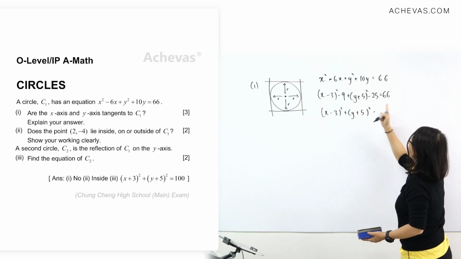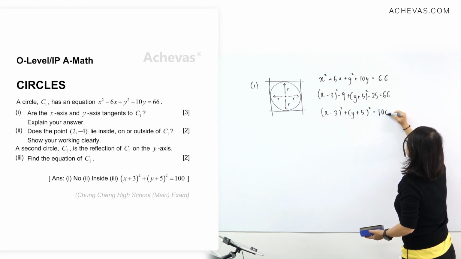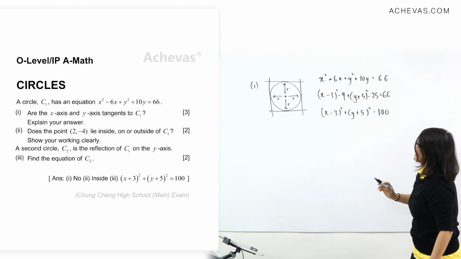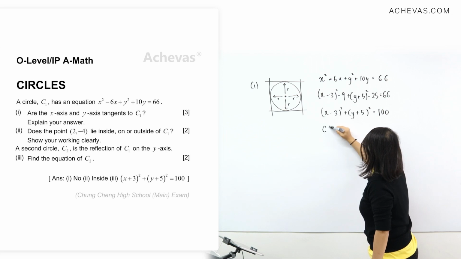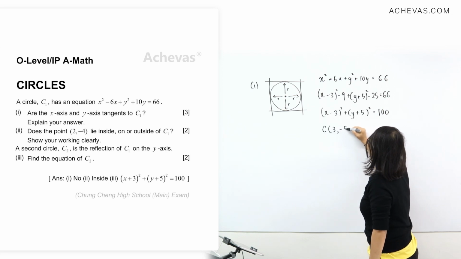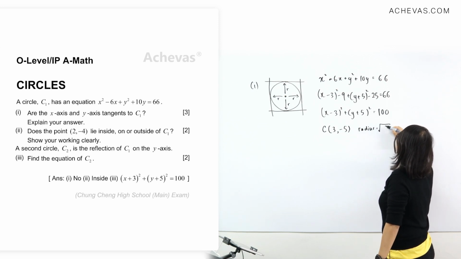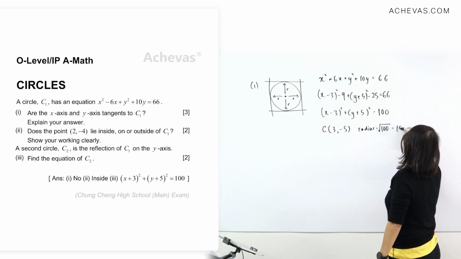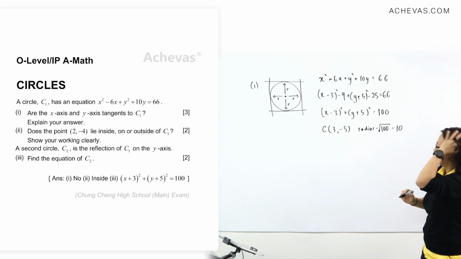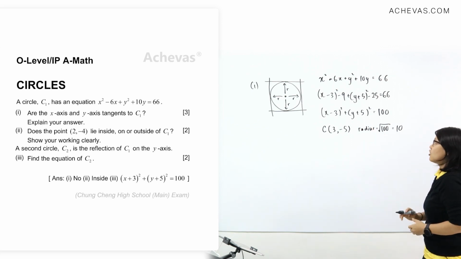I'm going to move these two over there, so I get 100. Next task, let me write down the center of circle. In this case, it will be (3, -5), and the radius will be square root of 100, which will give us 10.